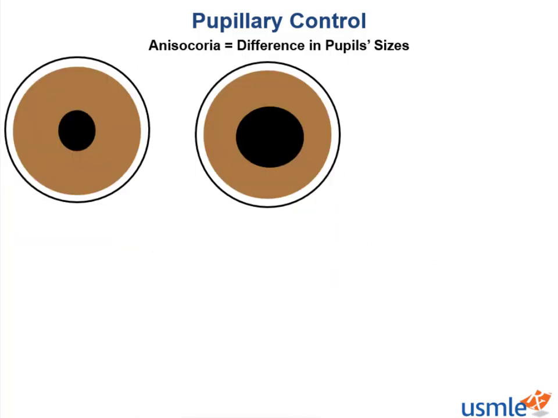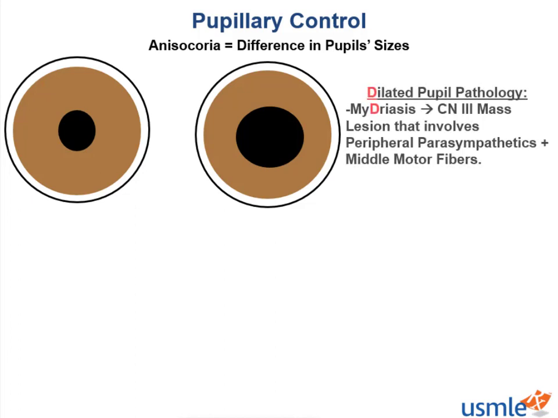As a summary slide, let's discuss anisocoria, which is a difference in the size of the pupils. Looking at these eyes, the two pupils are different sizes. However, you need to conduct a physical exam to determine which is the abnormal pupil. If the dilated pupil is the abnormal pupil, this may be due to a cranial nerve 3 mass lesion that involves the peripheral parasympathetic and middle motor fibers.